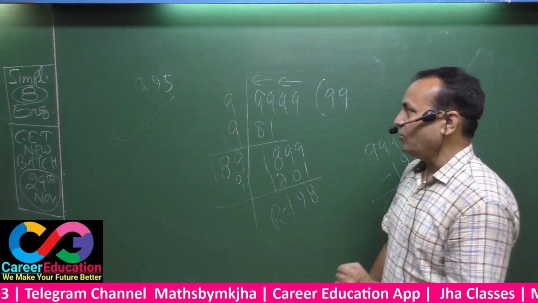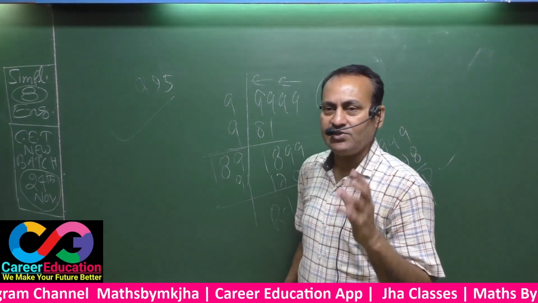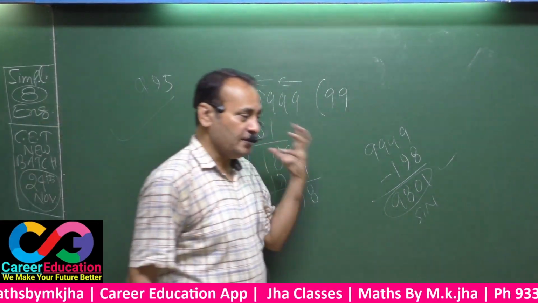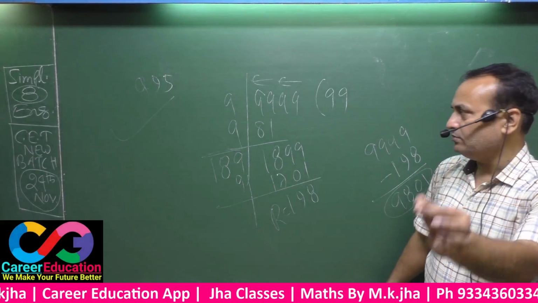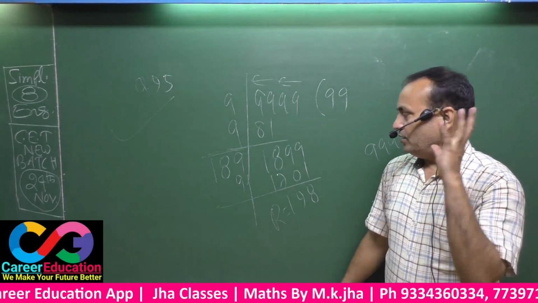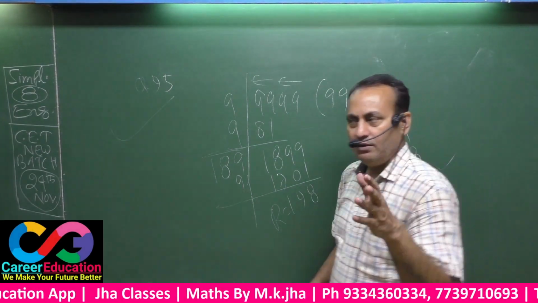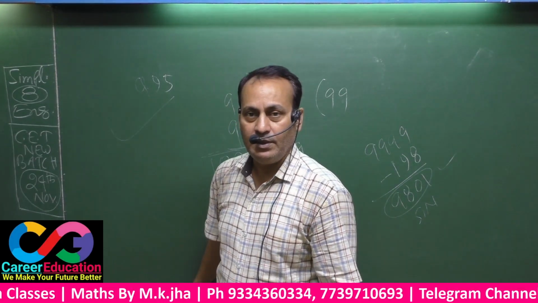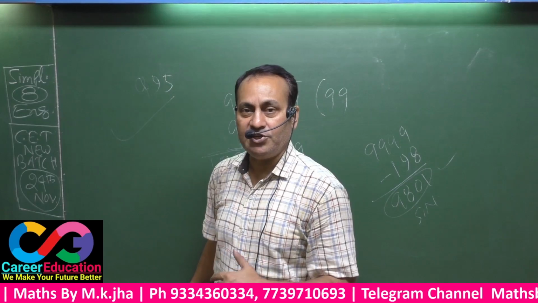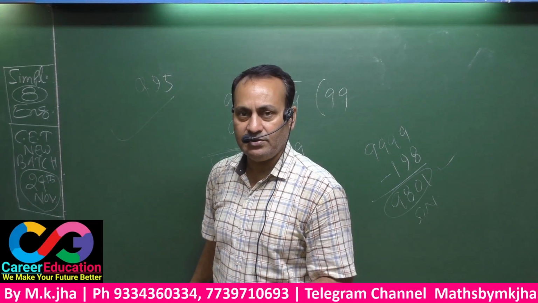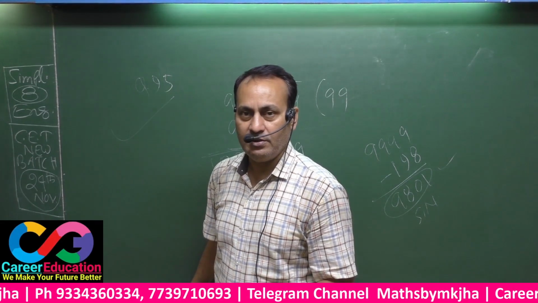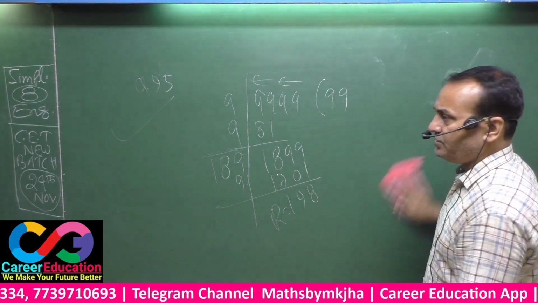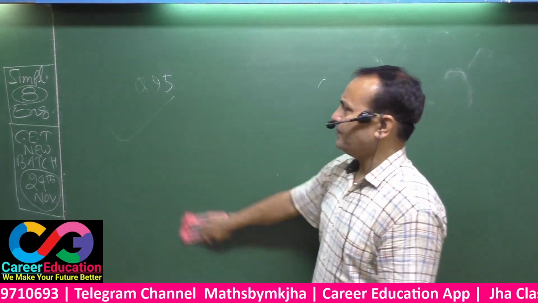That's why I have told you some questions are asked just as mathematical GS. This is one of them. Note down: 9801 is the biggest 4-digit square number.